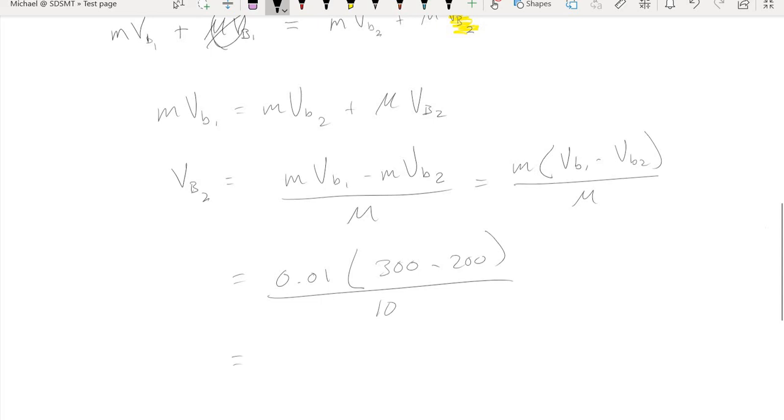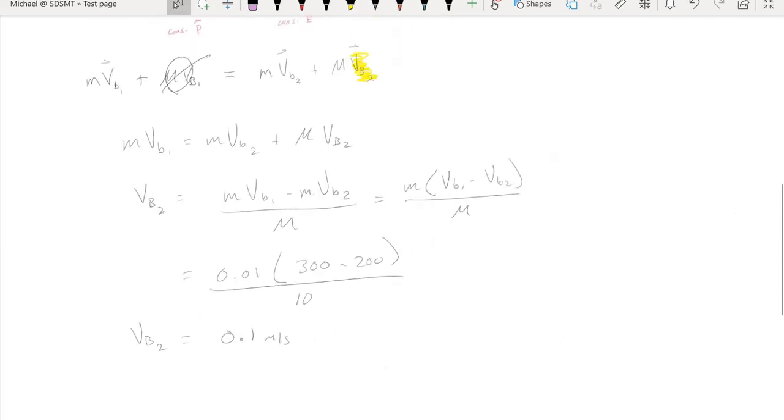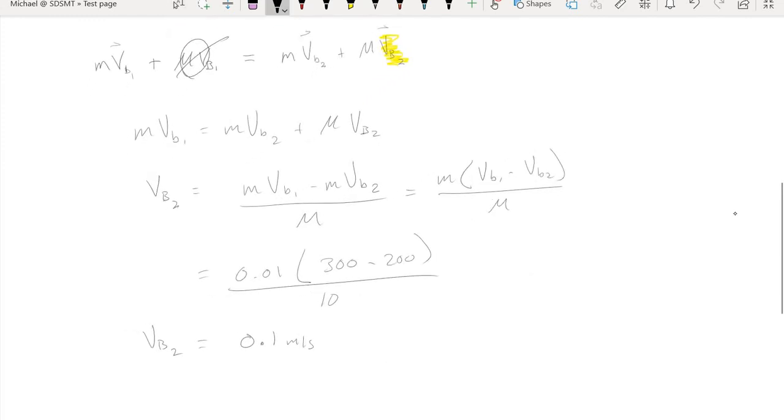So we're at 1 divided by 10. Gives us a velocity of 0.1 meters per second. So the velocity of the block after the collision works out to be about 10 centimeters per second.